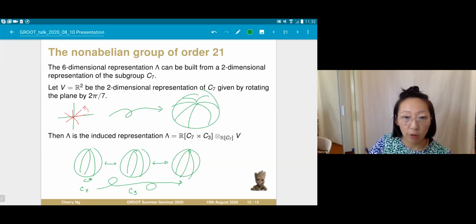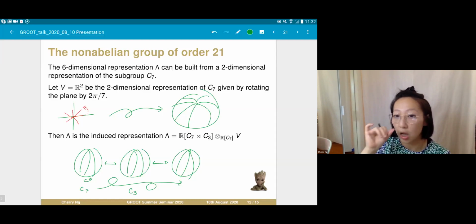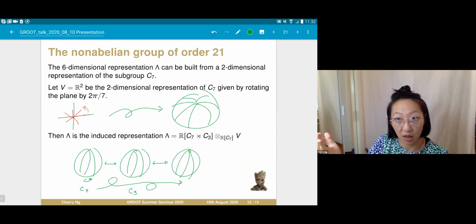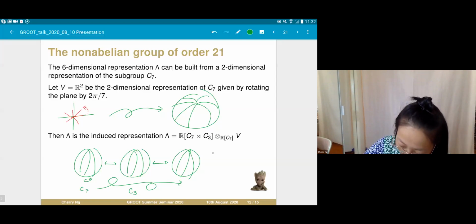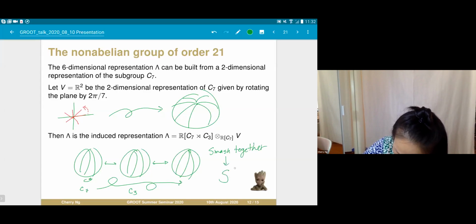And I know it looks like it exists in R3. It doesn't. This lives in R6. But you can think of taking these 3 spheres and smashing them together to get a 6th sphere. And that is the representation sphere of big lambda that we are concerned about. So if we were to smash together, we'd get S big lambda.